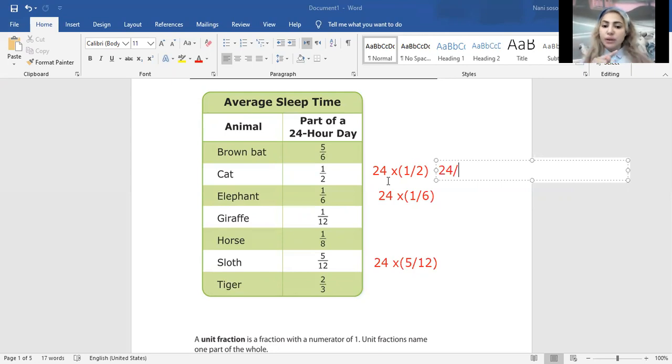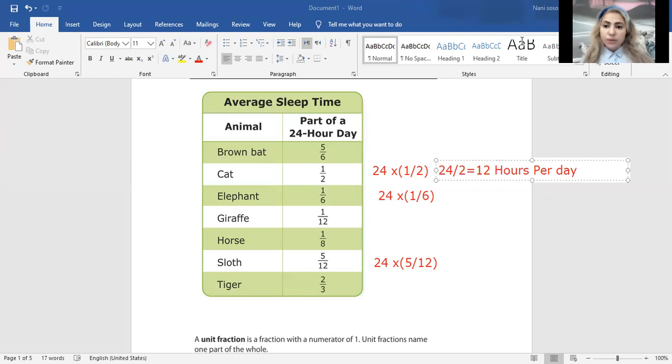So I multiply the 1 by the denominator here, which is 2. So 24 out of 2 is 12 hours per day. So you can solve them all, you can know the answer. And this is the concept of multiplying a whole number by a fraction, which is very important.